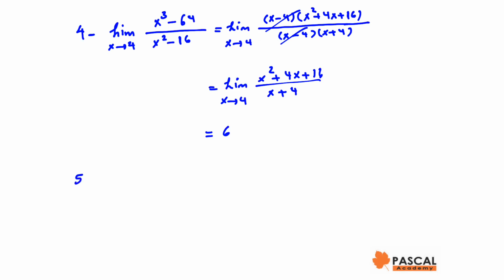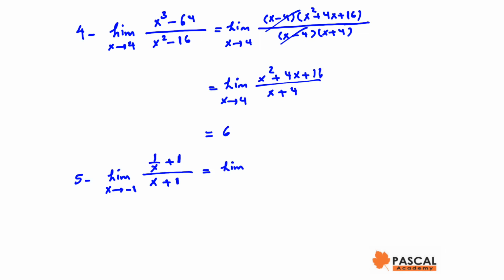Number 5, limit of (1 over x plus 1) divided by (x plus 1) as x approaches negative 1. Again, by the direct substitution method, we have 0 over 0.